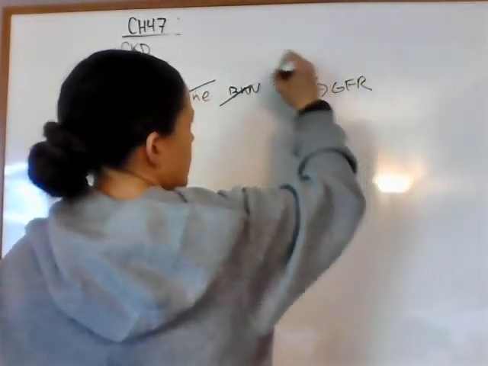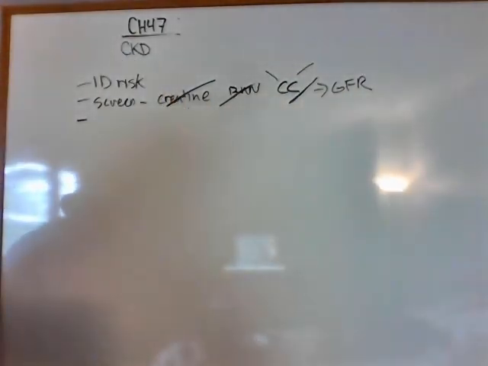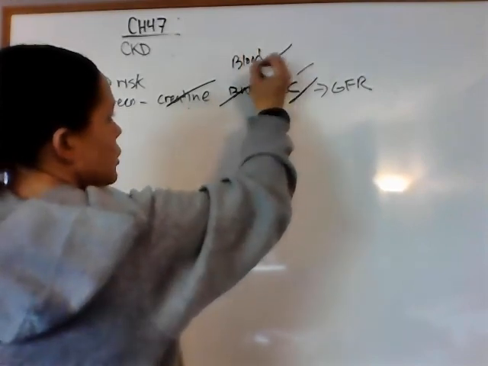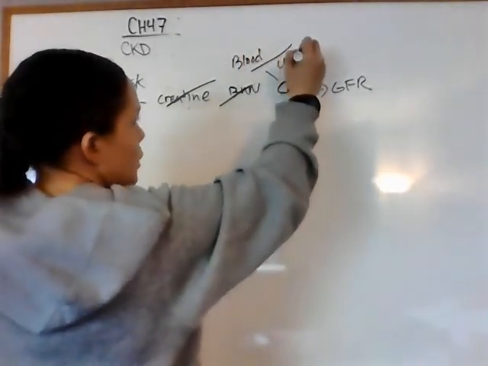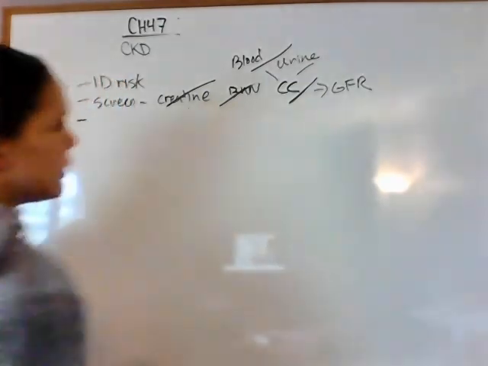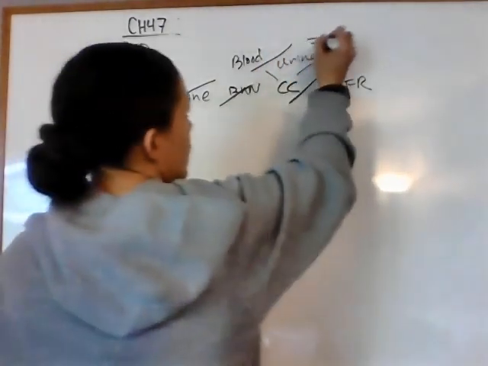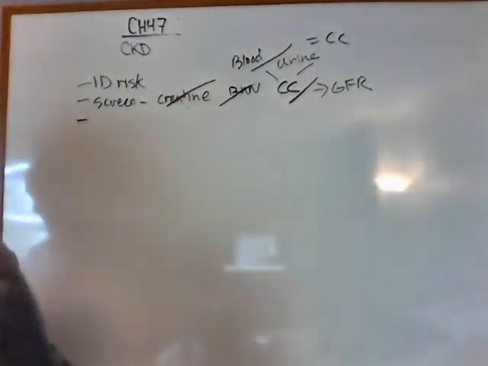Remember, creatinine clearance measures how much creatinine is in the blood over how much creatinine is in the urine. And creatinine should be coming out in the urine. If it's not, then we have an issue. So it's a comparison of blood over, or divided by, urine, and that gives you your creatinine clearance.